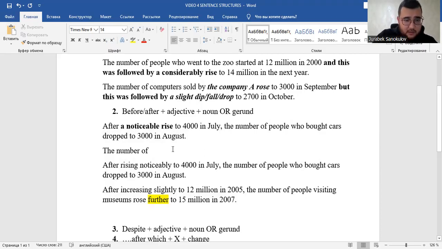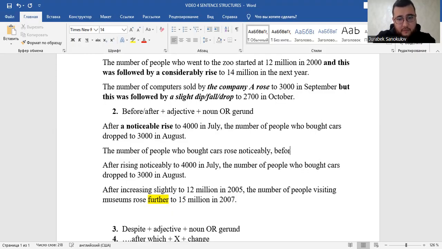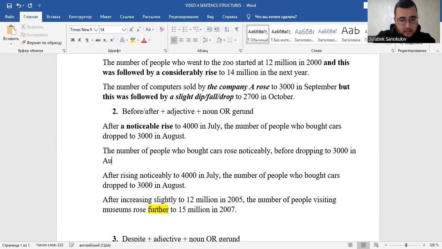So, look at this. The number of people who bought cars rose noticeably, yeah, before dropping to 3,000 in August.